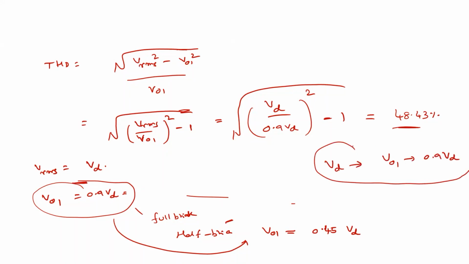Now, for example, you are designing a 230 volts inverter. That 230 volts is the RMS value of the fundamental. So how much value of VD will you select? What is the value of VD?